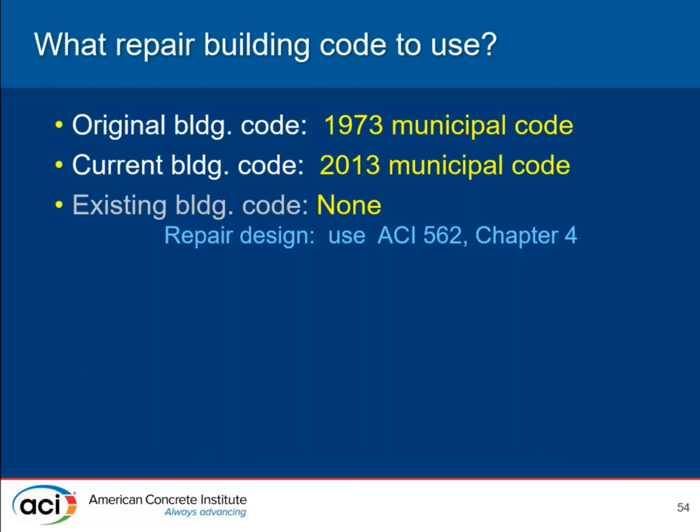The original building code in this case is the 1973 municipal code. The current building code in this jurisdiction is the 2013 municipal code. In this jurisdiction, there's no existing building code specified. So because the local jurisdiction has not adopted an existing building code, the design basis code will be determined in accordance with ACI 562 Chapter 4.